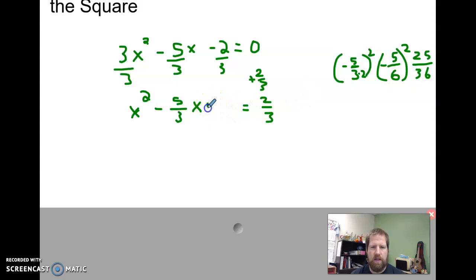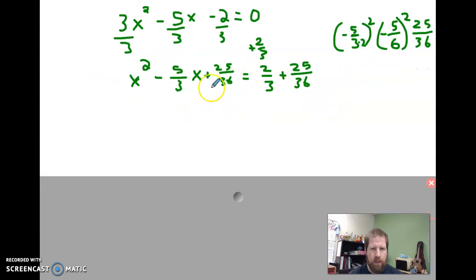So that's going to be my third term, 25 over 36, and add 25 over 36. I know that looks messy, but it will all hopefully work out for us. So I've got my square, I've got my completed value.